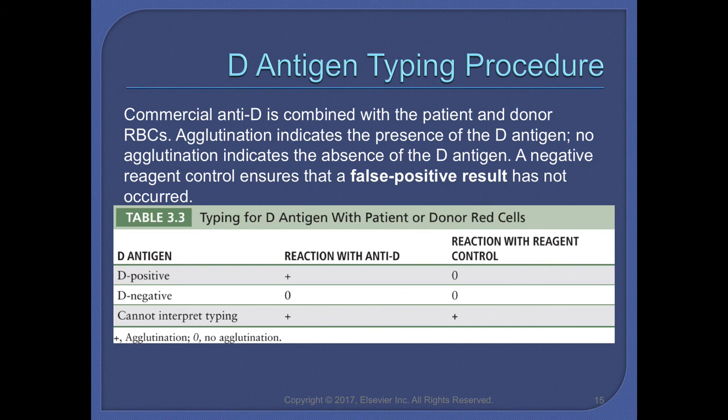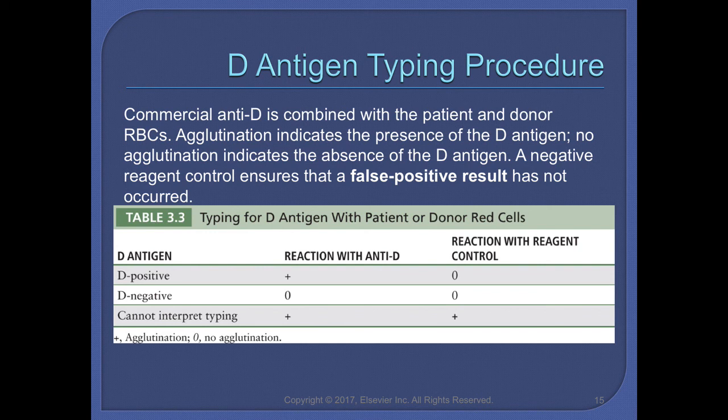A negative reagent control is always useful to ensure that a false positive result has not occurred. It is very important that we check for all of this, because if we have incompatibility in a transfusion, it can be a big deal.